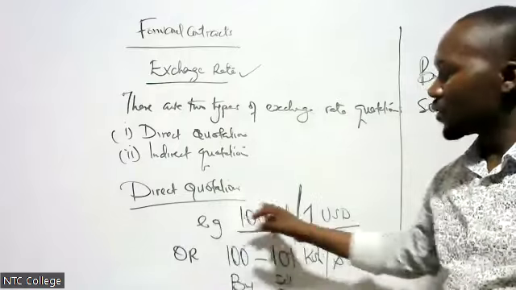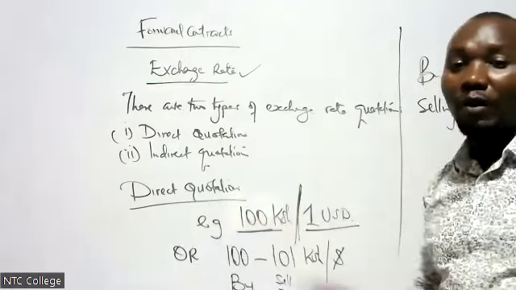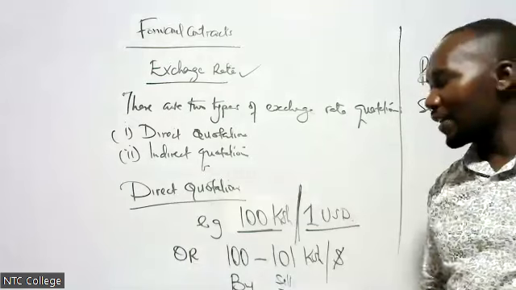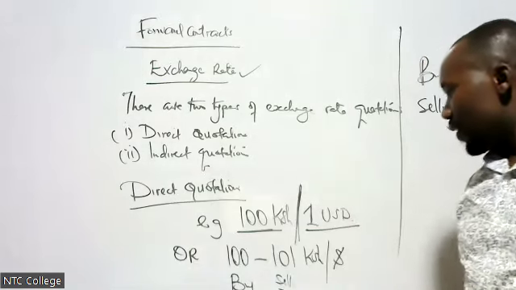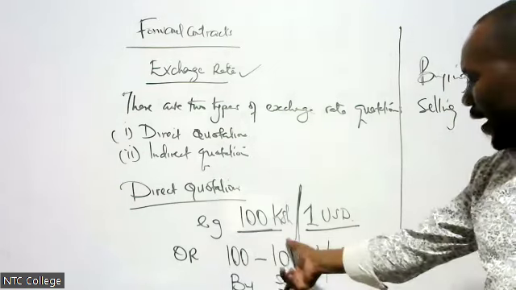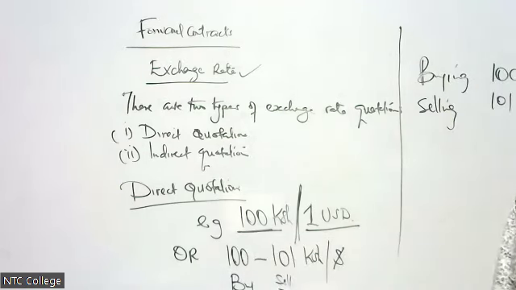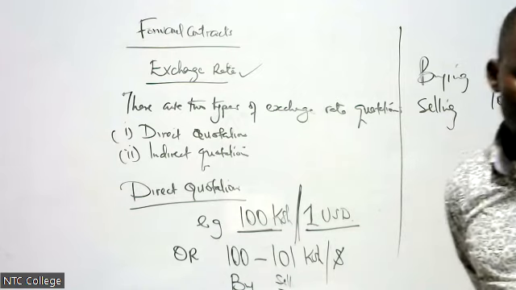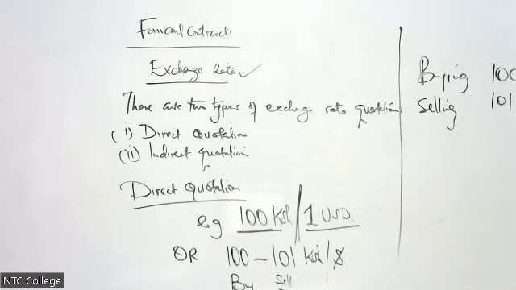That is direct quotation, the one that you normally see when you go to a commercial bank in Kenya. The bank will always buy low and sell high in order to make a profit.